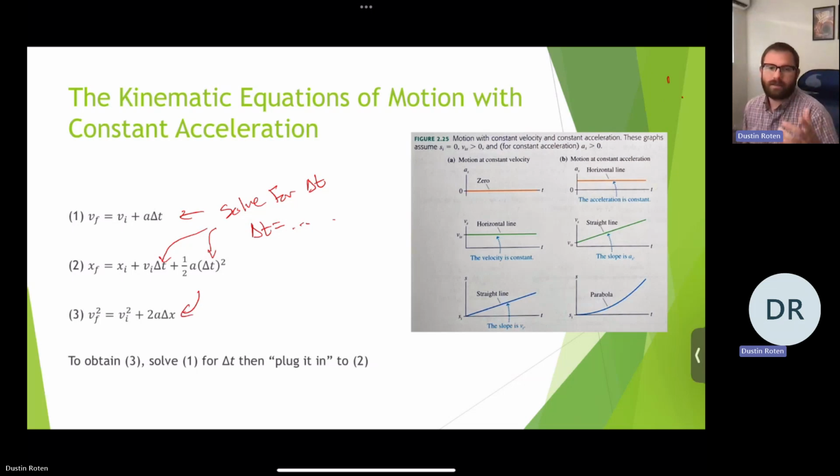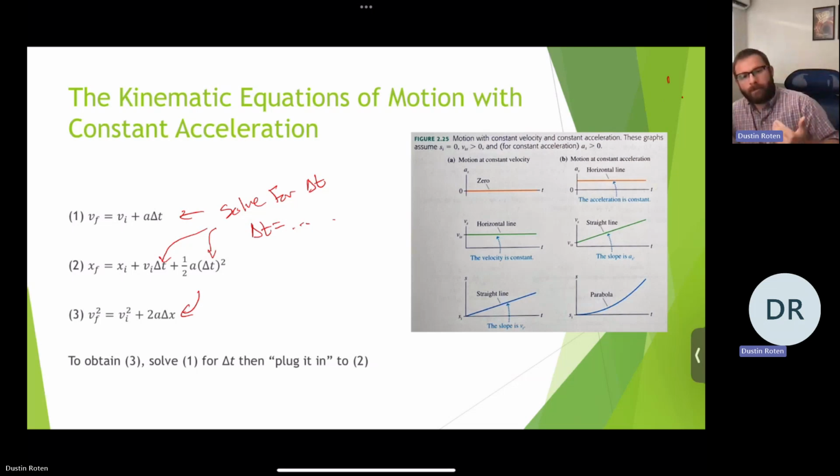I do suggest you look at the text I've posted. It doesn't include all the steps, but it includes a few steps so you can check your work along the way. So essentially the idea here is that you can take these basic equations and build some new equations of your own, in case you're looking at a situation where the basic equations won't really help you. You could build something that can.